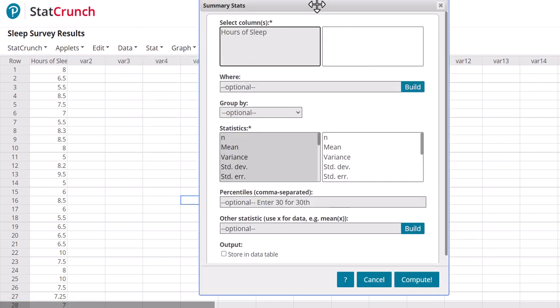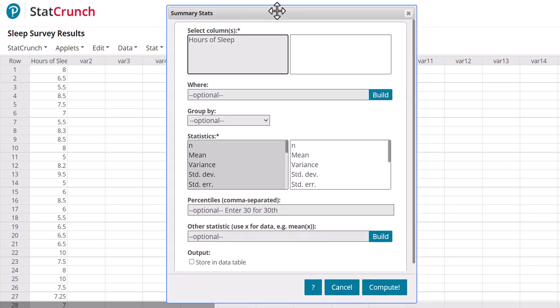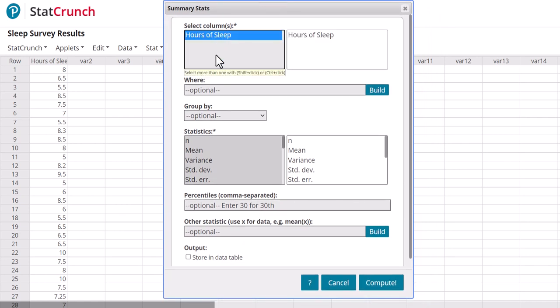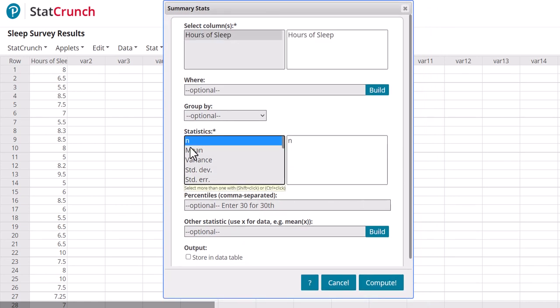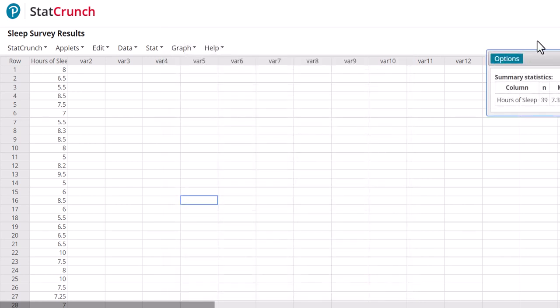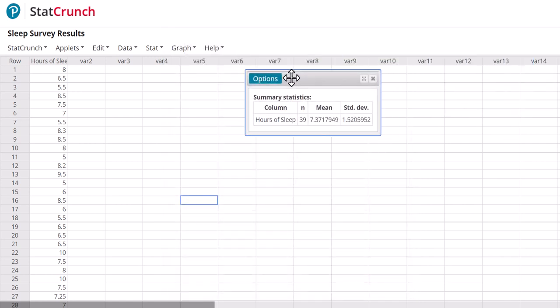Once you have columns, you want to choose hours of sleep, then pick N, then hold Control and pick mean, and then Control and standard deviation. So there's N, the size of the sample, mean, and standard deviation. So compute, and it gives us our result.